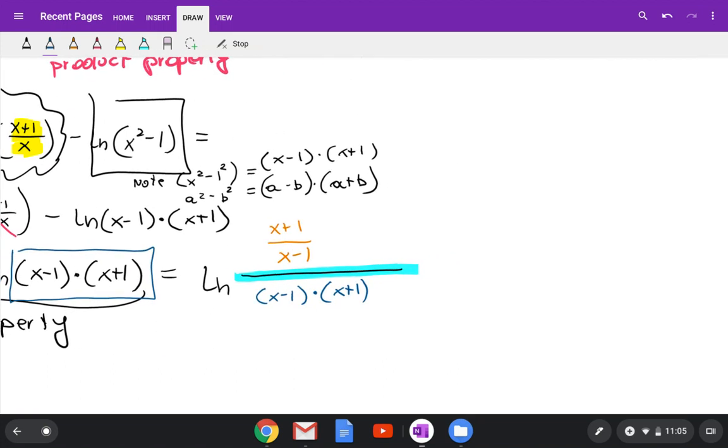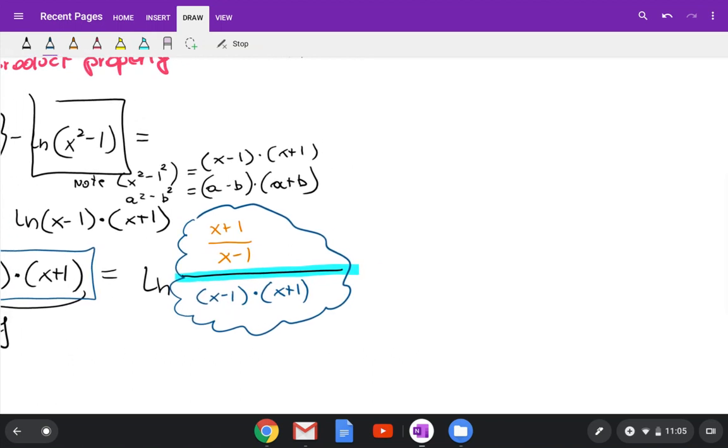However, we still have to simplify. I don't think my MATLAB will allow you to leave this part that way. So you have to simplify that expression, (x plus 1) over (x minus 1), and everything over (x minus 1) times (x plus 1). How are you going to simplify? By keep, change, flip.